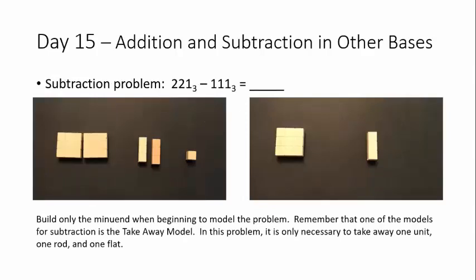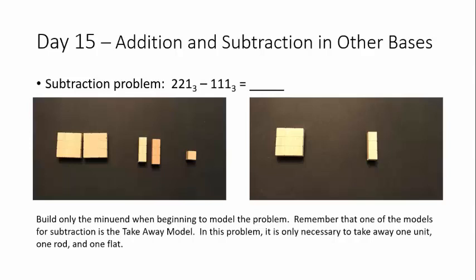Here's our first subtraction problem. 221 base 3 minus 111 base 3. Remember to build only the minuend. We build 221 using the items from the base 3 kit. That's 2 flats, 2 rods, and 1 unit. We're subtracting 111 base 3.